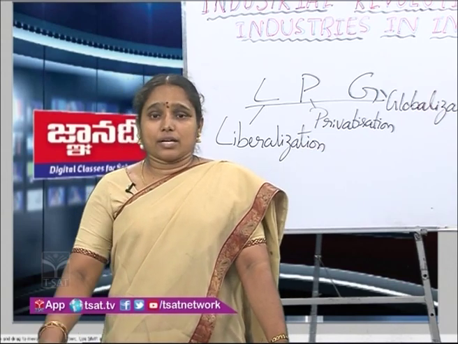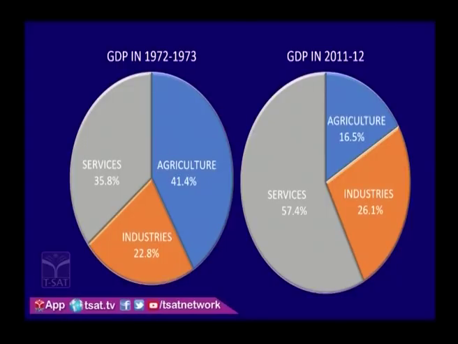And let's analyze it in other dimension too. So while speaking about economy, we analyze the things under three sectors. So earlier in 1972-73, agriculture sector was contributing 41.4%, industries 22.8%, and services 35.8%.